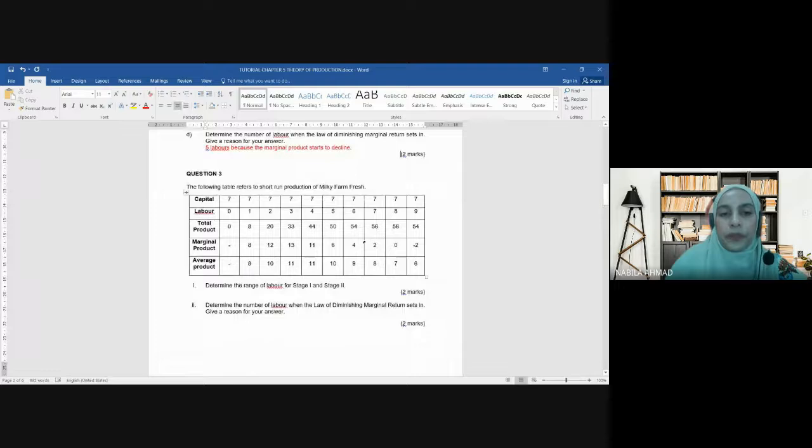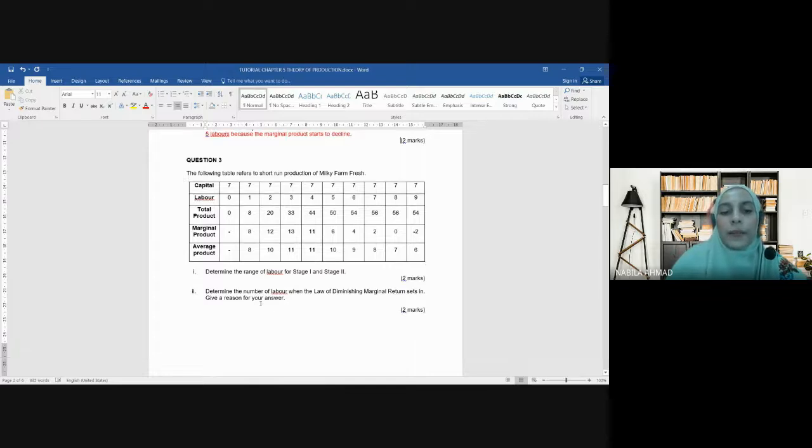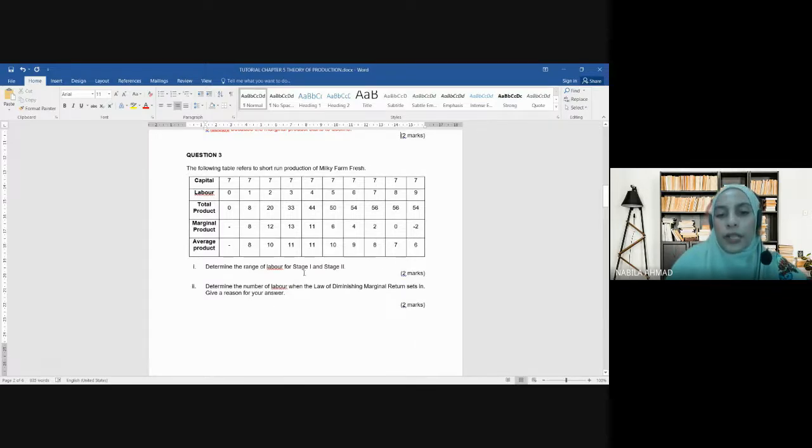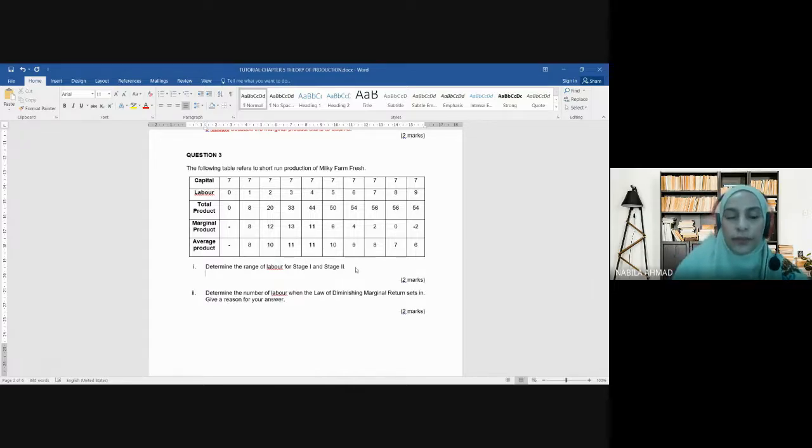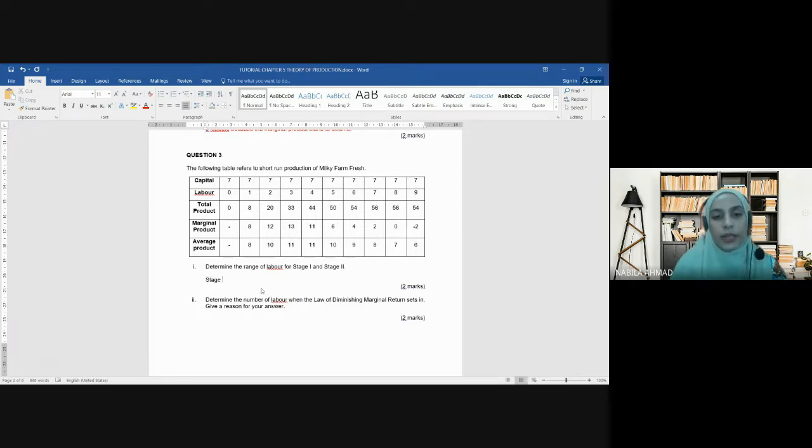Alright. Okay, soalan nombor 3. The following table refers to short run production of Milky Farm Fresh. Okay. Determine the range of labor for stage 1 and stage 2. Okay, so stage 1 kita kena tahu stage 1 start mana? Stage 1 apabila labor 0 sampai average product equals to marginal product where average product is maximum.